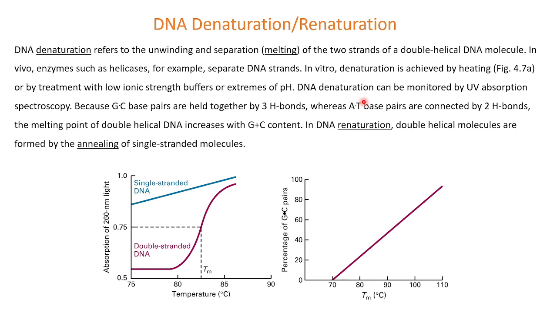Denaturation can be monitored by UV absorption spectroscopy, because the GC base pairs are held together by 3 hydrogen bonds, and your AT is connected by 2 hydrogen bonds. The higher the GC content, the higher will be the melting point of that particular DNA. Now, in DNA renaturation, double helical molecules are formed by the annealing of single-stranded molecules.